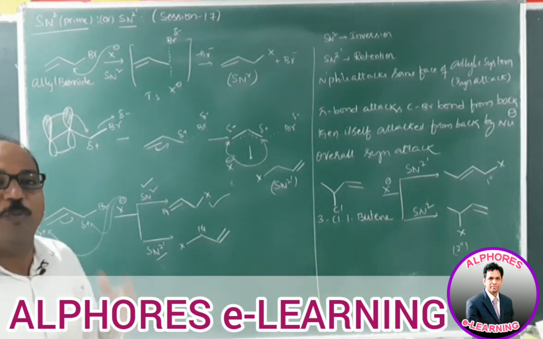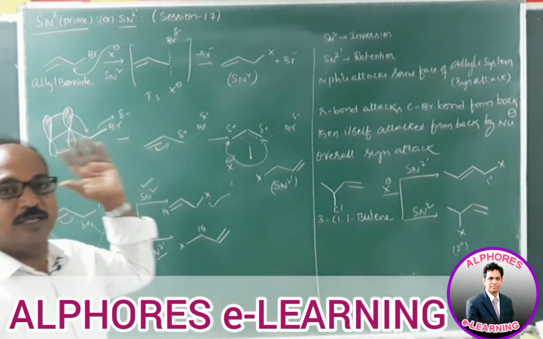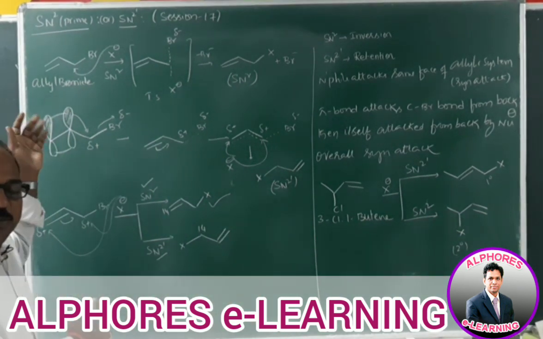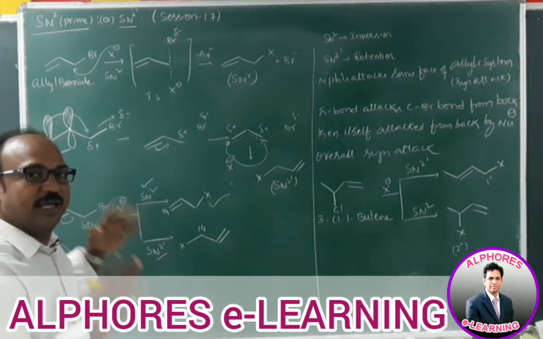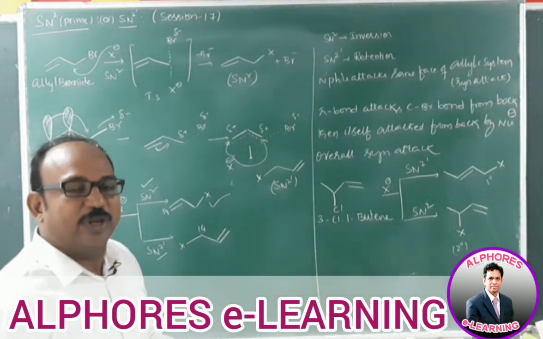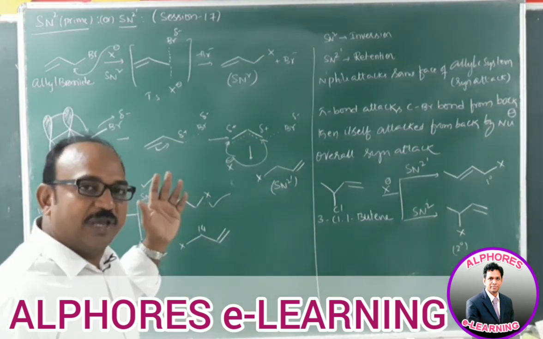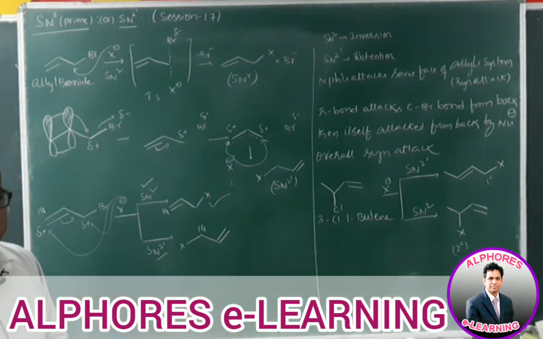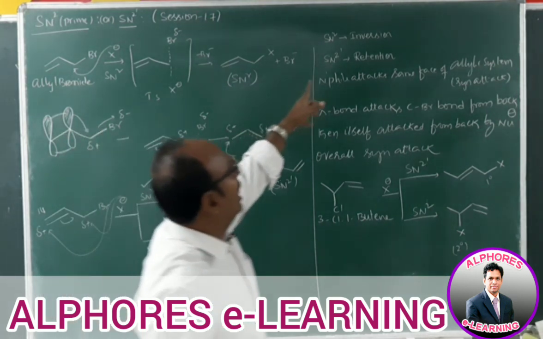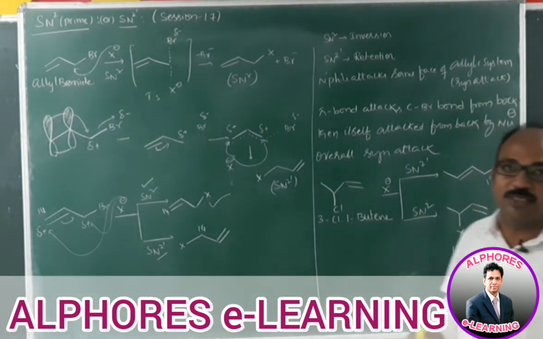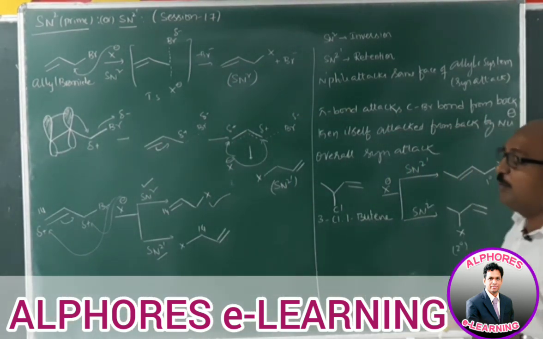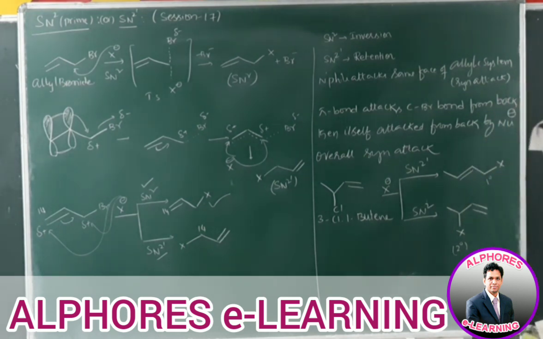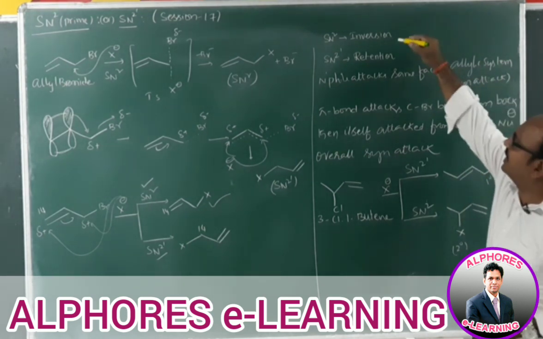In general, what product are we expecting? If the substitution takes place at a carbon that is chiral, then it is very clear we can observe that in case of SN2, inversion of the product happens. So for all SN2 reactions, the condition is that the substrate must possess a chiral center and the substitution should take place at the chiral center.